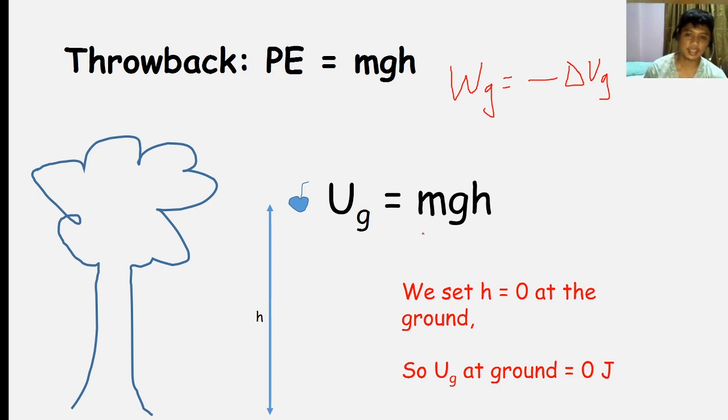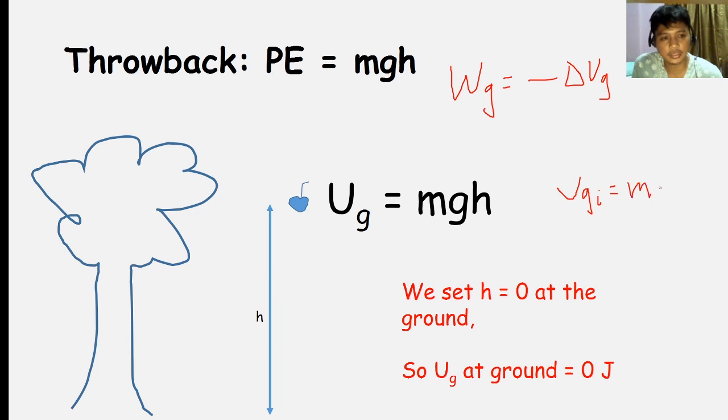You don't say an object has potential energy. We say that the apple and the earth system has potential energy because potential energy is a property of a system.